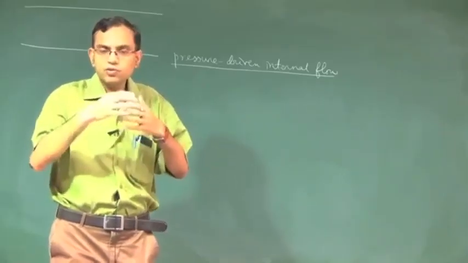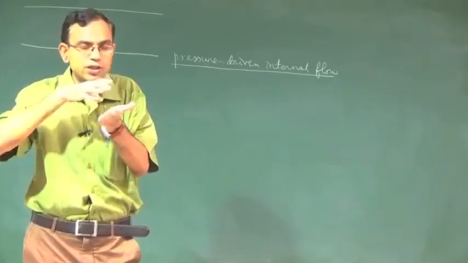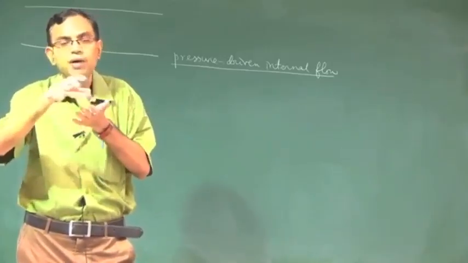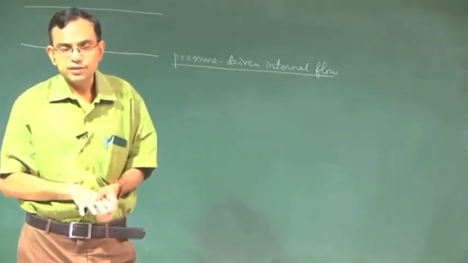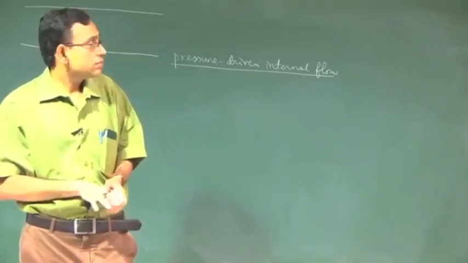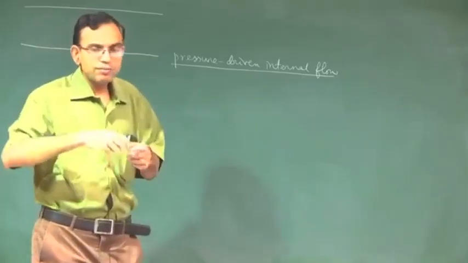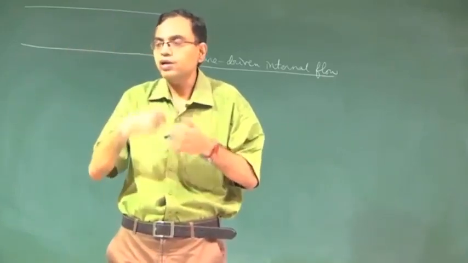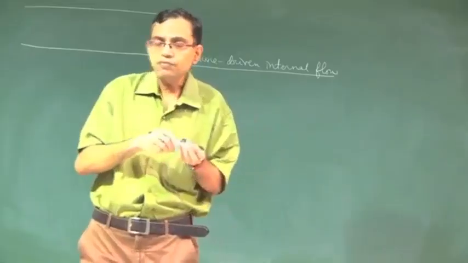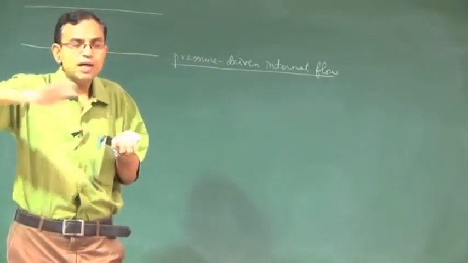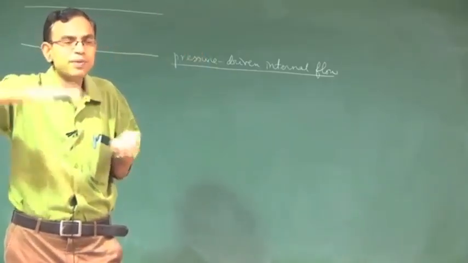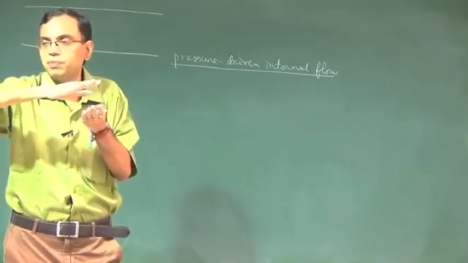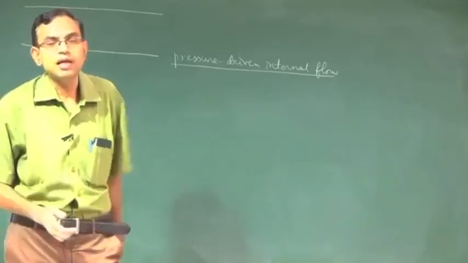An internal flow means that you have a confined passage within which the fluid is flowing, and maybe the fluid is driven by a pressure gradient. Now, the flow may be closed from all directions, like a rectangular or a circular duct, but if the width of a rectangular duct is much larger than the height, then that may be treated as two parallel plates because the end effects are neglected.